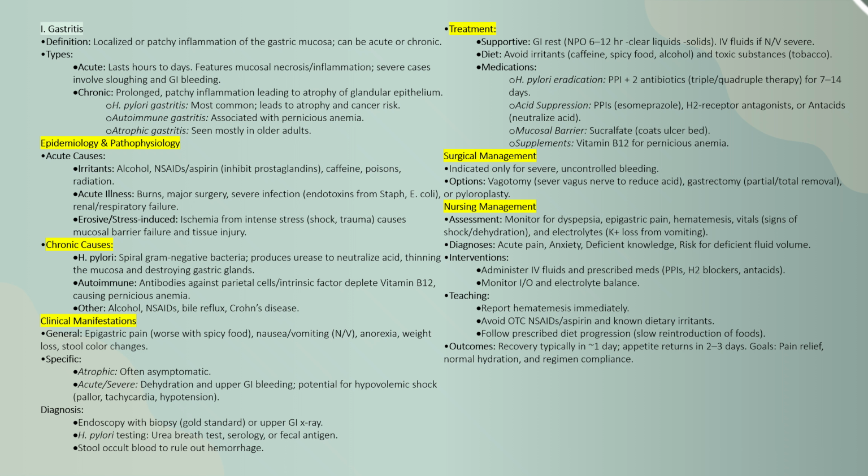We have interprofessional management. Diagnosis can be based on symptoms alone, upper GI X-ray or endoscopy, with biopsy if needed, fecal occult blood tests to check for hemorrhage, urea breath testing, serological testing, and fecal antigen testing to detect H. pylori infection.